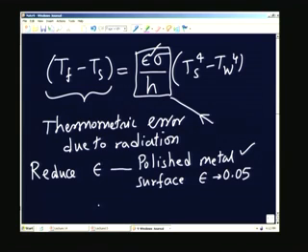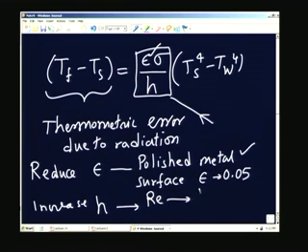I would also like to increase h, and h we know already depends on the Reynolds number, and how do we increase the Reynolds number? Increase u.